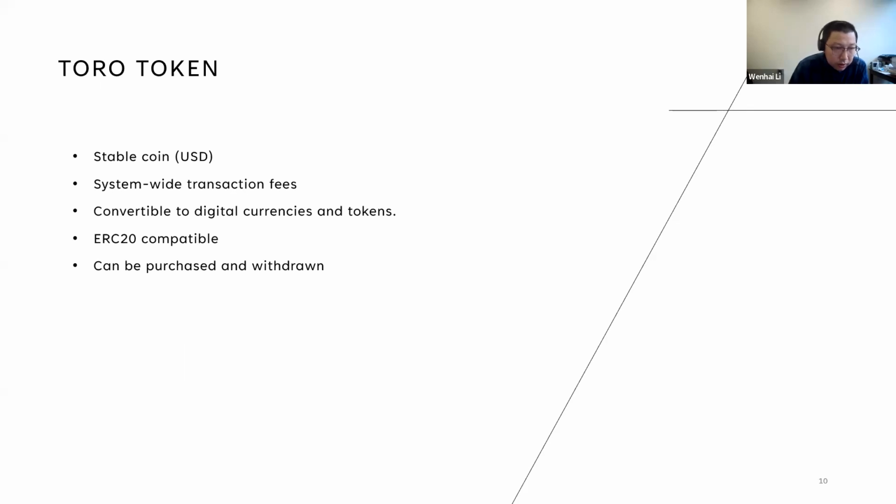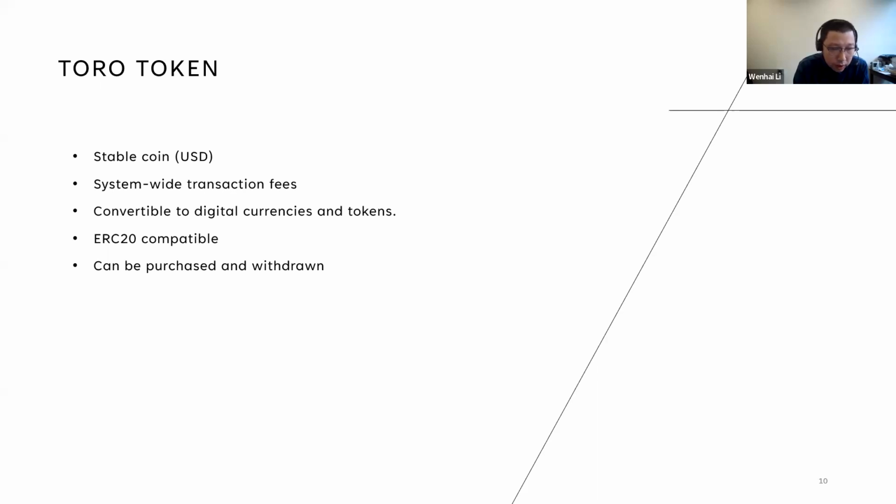One more thing: the Toro token is ERC20 compatible. That means all the ERC20 functionalities are supported by Toro, but we definitely have much more features available than ERC20. And lastly, Toro can be directly purchased or withdrawn with real-world currency.